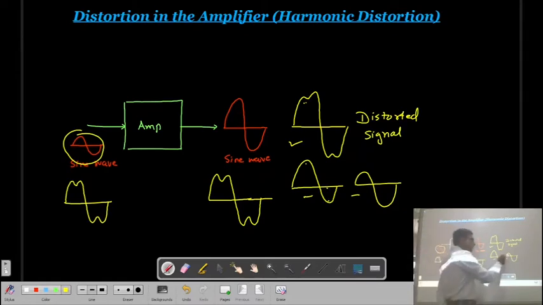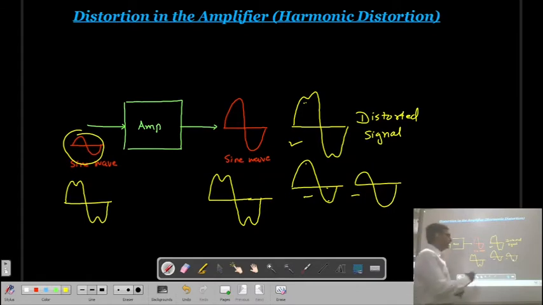Here the amplitude of the positive cycle is less than the amplitude of the negative cycle. So there is a distortion. So basically if we have an undistorted signal, then there should be a proper amplitude of the positive cycle as well as the negative cycle. Correct?